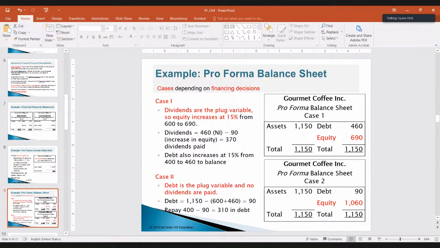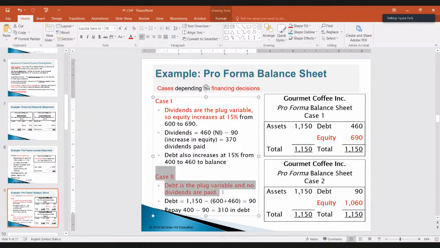So if, for example, managers decide to make that as a plug-in variable and decide that no dividends will be paid out, that everything will be retained. That kind of case versus what if the manager's decision is making dividends a plug-in variable and equity increases at 15%. So that kind of different decisions have different implications.